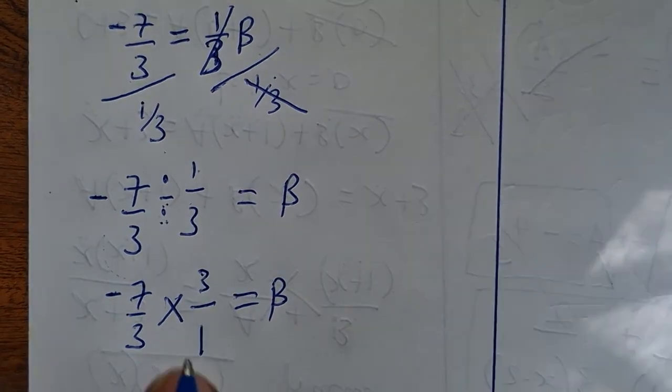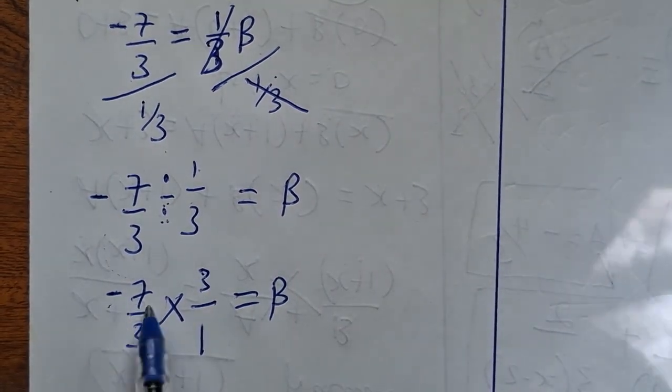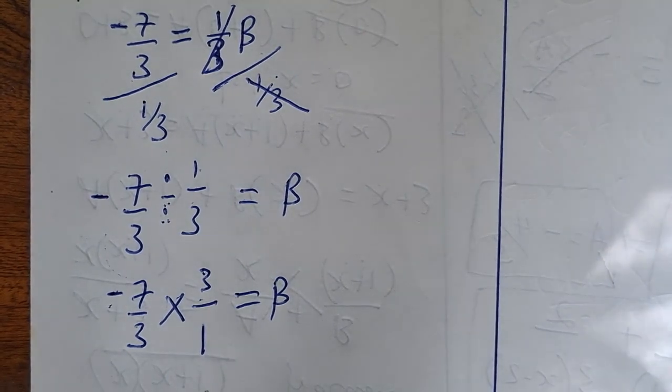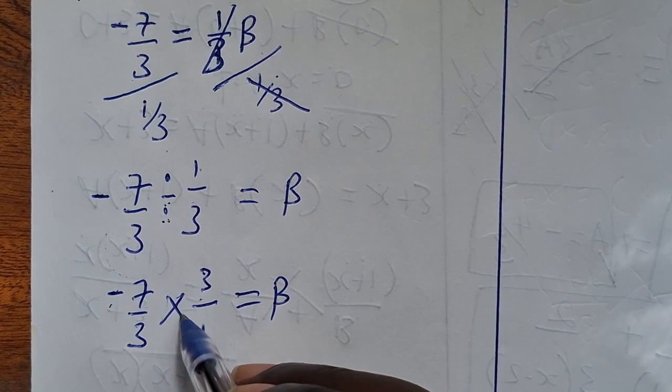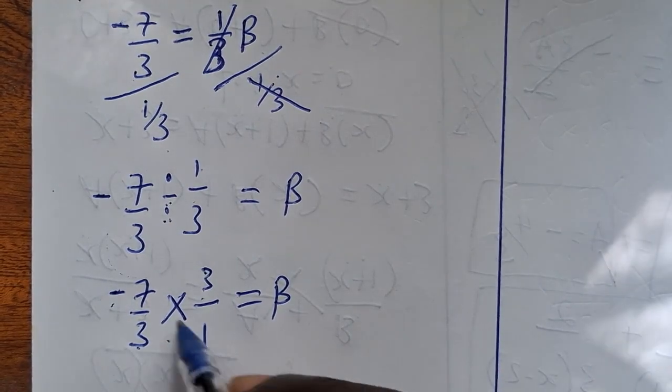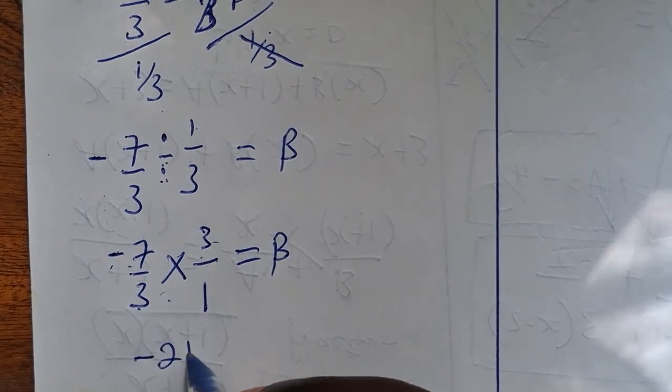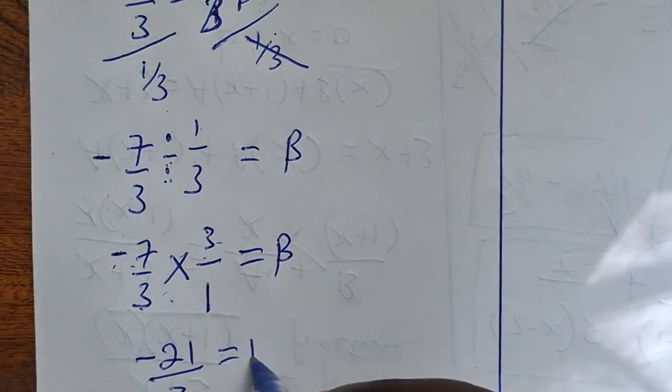So to make it easier, we have to invert the sign. Minus 7 times 3 is going to be minus 21. So we have minus 21 and 3 times 1 is 3. So minus 21 divided by 3. So we have minus 21 divided by 3 will be equal to b.